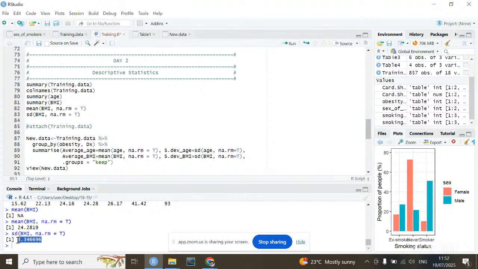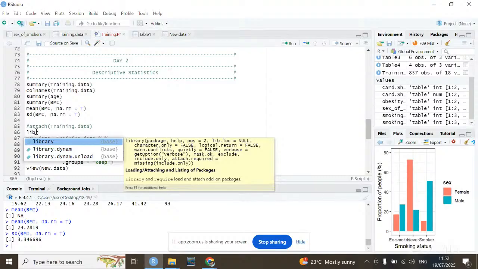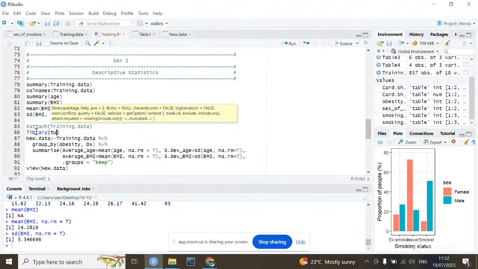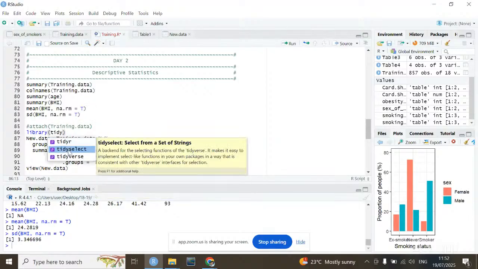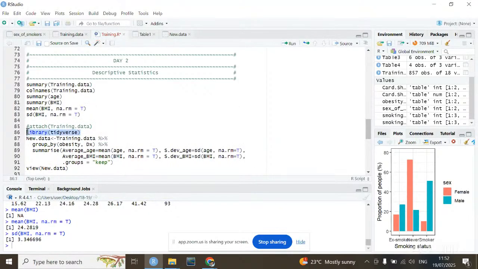Then we can use a function. This is where we need the package called tidyverse. This package is used for this kind of grouping and other manipulation of tables.